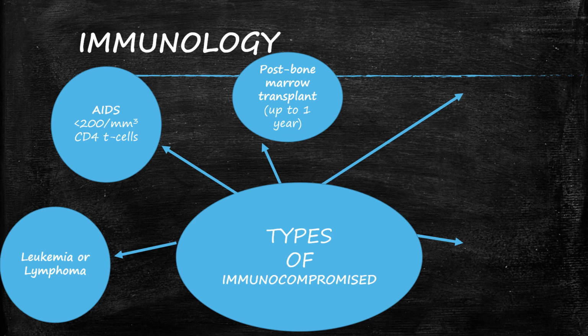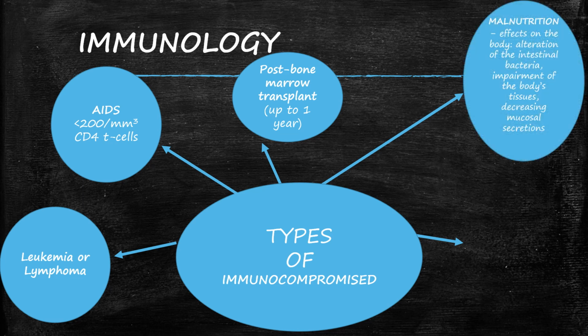For 1 year post bone marrow transplant, you are considered immunocompromised. Also those that suffer the effects of malnutrition. We are coming across this more and more in our acute care settings and outpatient clinics, as we have an increase in drug abuse and also in poverty.